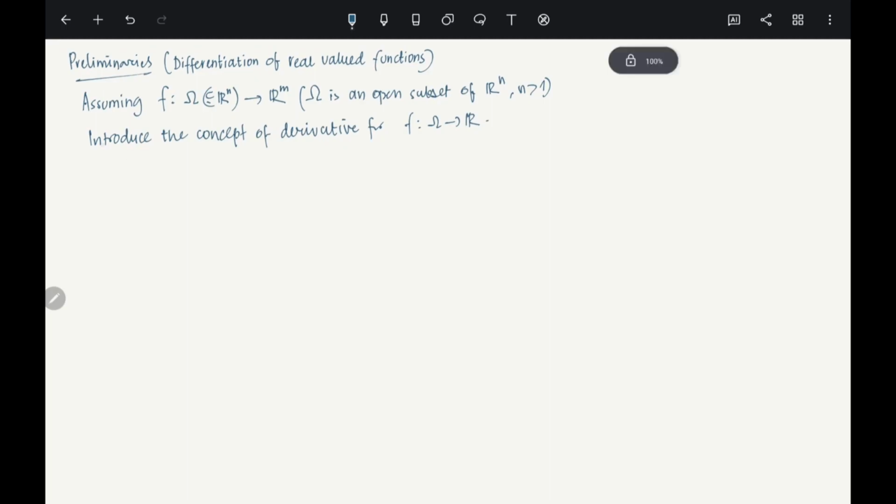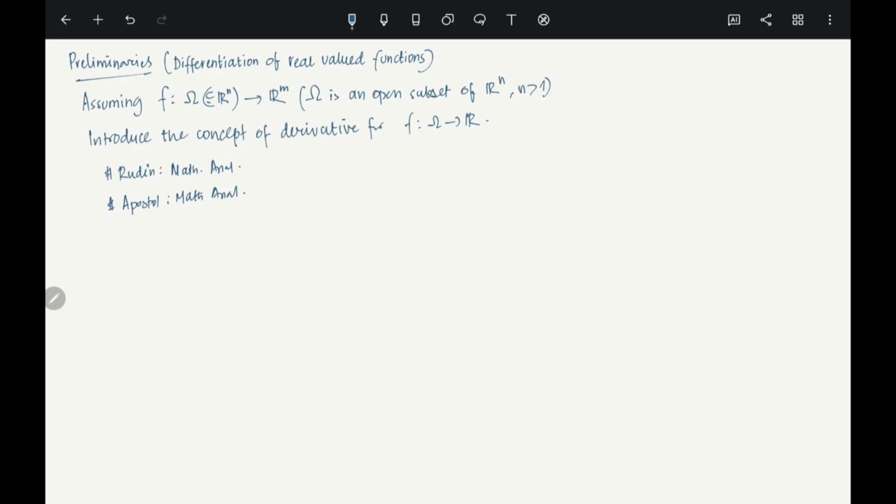And if you want to study more on these subjects, of course you have the book by Rudin, Principles of Mathematical Analysis, and you can also look at the Tom Apostol book, Mathematical Analysis. So these are the two books you can look at for these things.